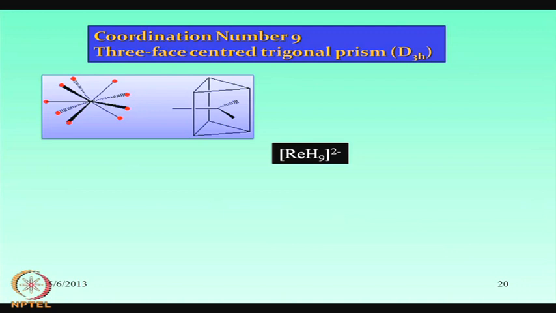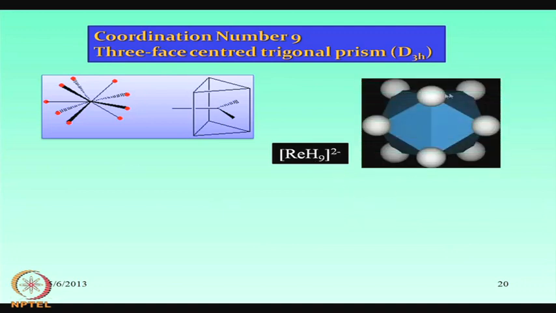Rhenium is in the group of manganese: manganese, technetium and rhenium. This rhenium center is in +7 oxidation state, attached to 9 hydride groups, giving an overall charge of 2 minus. So, this is the structure fitting this particular capped trigonal prism.